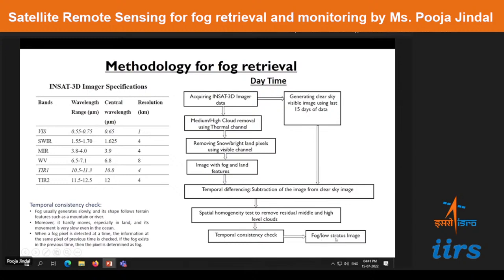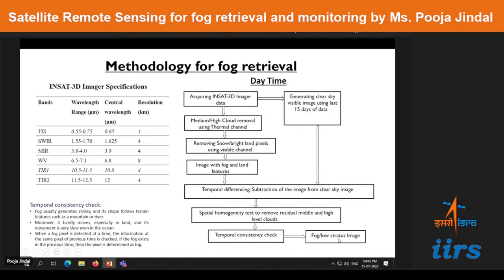Low stratus clouds are also very thin layer clouds having a very smooth cloud top, very similar to fog. Because the low stratus cloud top and the fog top are smooth, they appear very similar from the top of the atmosphere where our satellite is located. So using satellite data only, it is very difficult to distinguish fog and low level stratus cloud.